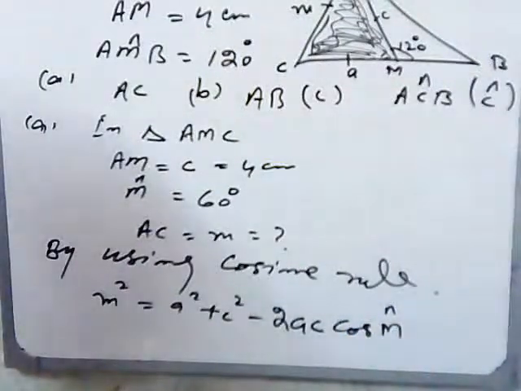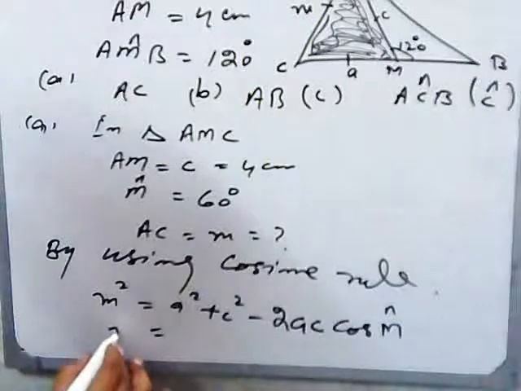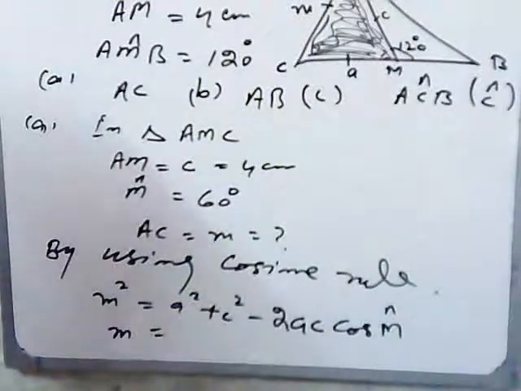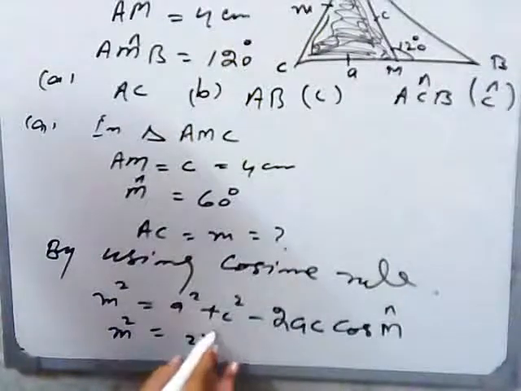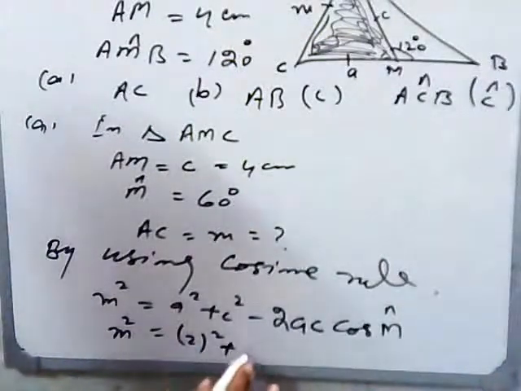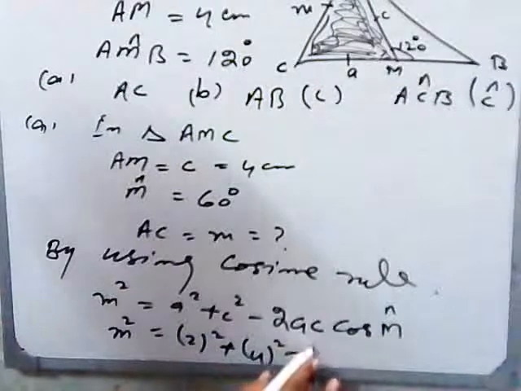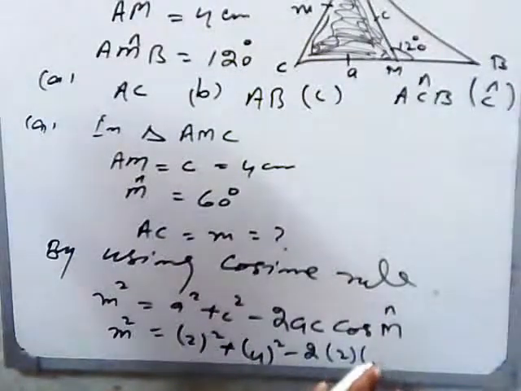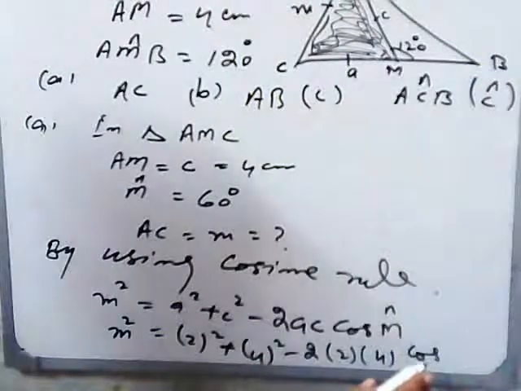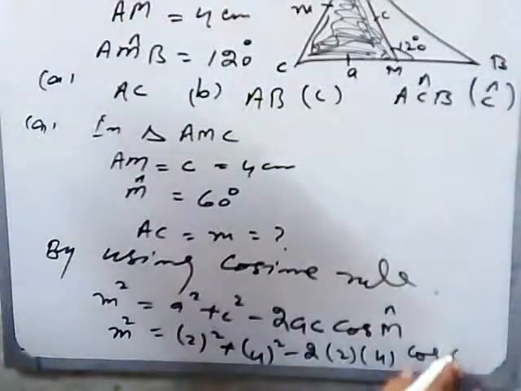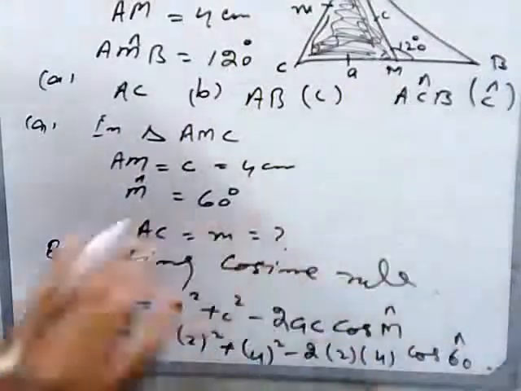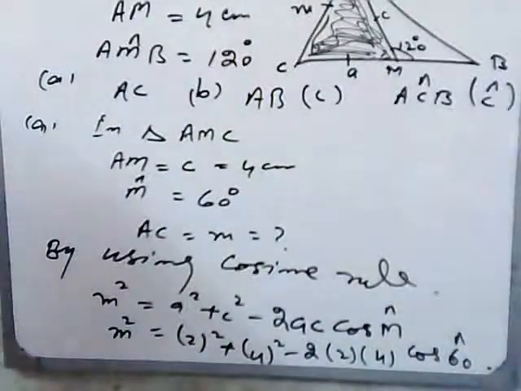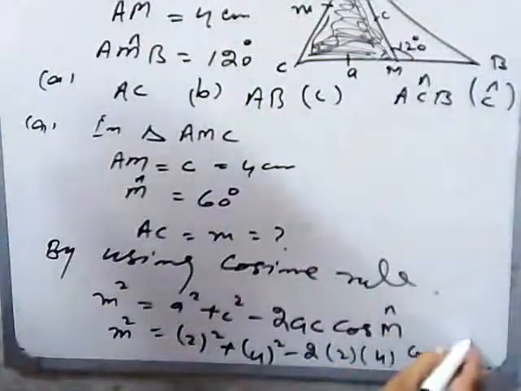Putting the values, the value of a is 2, so 2 square plus c, the value of c is 4, square, minus 2 times a times c times cos of M, which is 60 degrees.